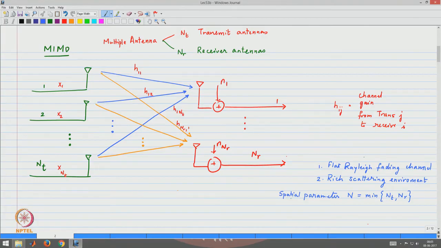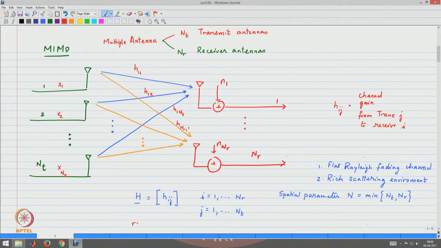And of course, when we write this as a channel matrix, which consists of these elements Hij, i going from 1 to Nr, j going from 1 to Nt, this matrix H has a rank.